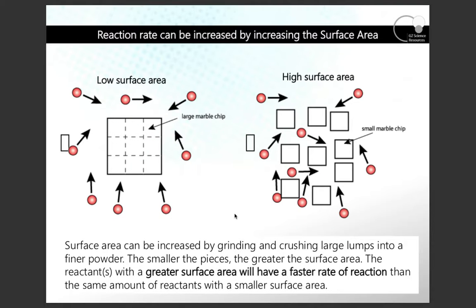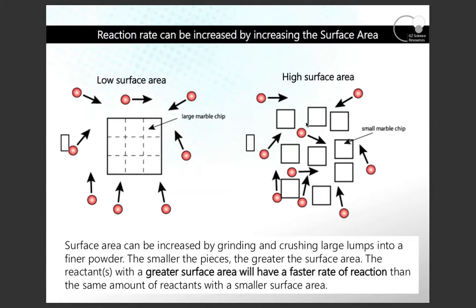Surface area is also a big factor in rates of reaction. So it's a similar thing to our concentration. If we've got a low surface area, so we've got a big chip of marble, for example, then only the particles on the outside are available to collide and possibly react.